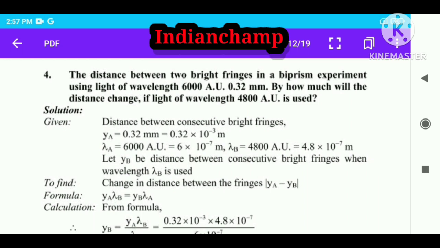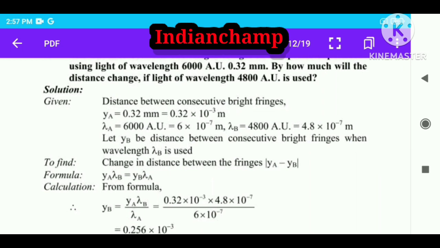Solution. Given the distance between consecutive bright rings y_a is equal to 0.32 mm is equal to 0.32 into 10 raised to minus 3 m. Lambda a is equal to 6000 Å is equal to 6 into 10 raised to minus 7 m.